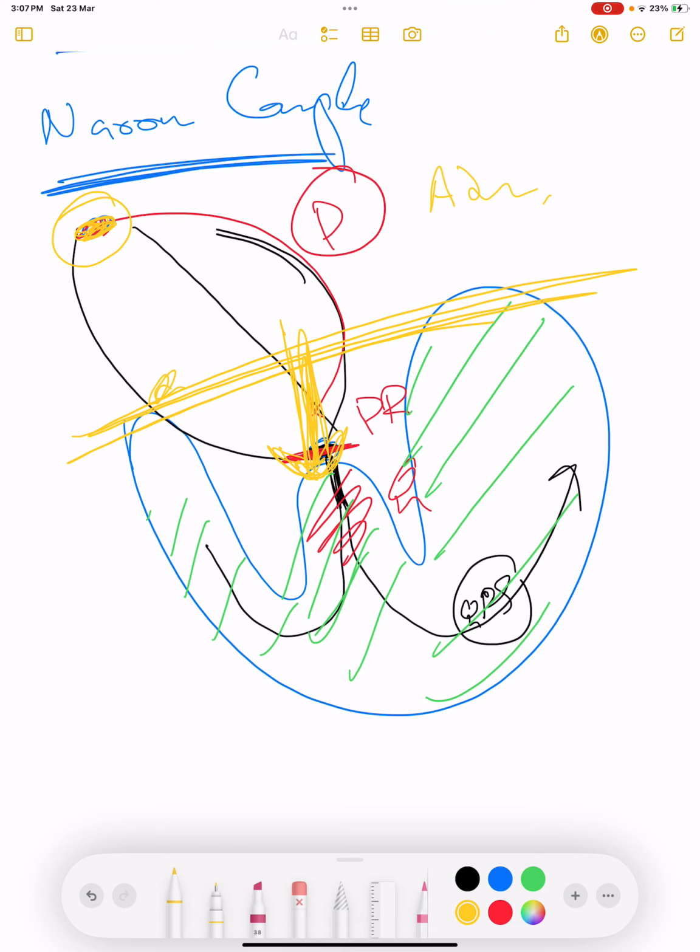This is a normal conduction pathway, and whatever conduction happens in this way, the resultant QRS complex will be narrow, because this is following a fast conducting pathway of the heart.